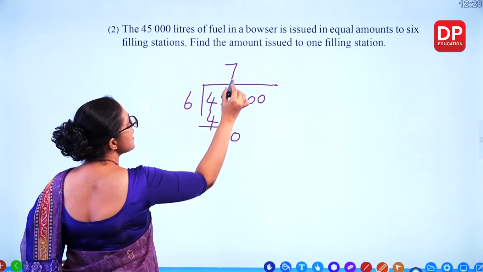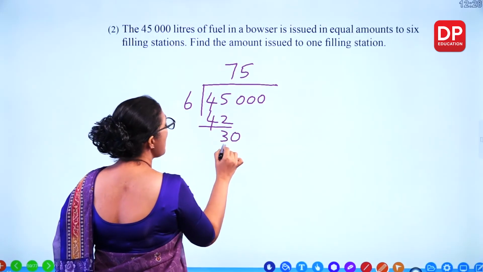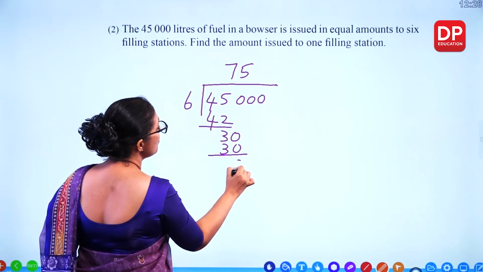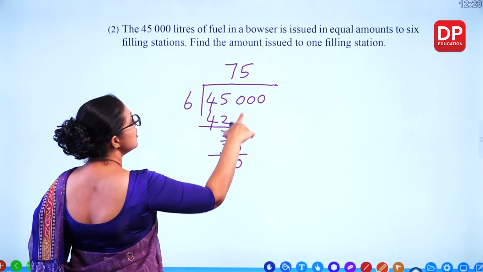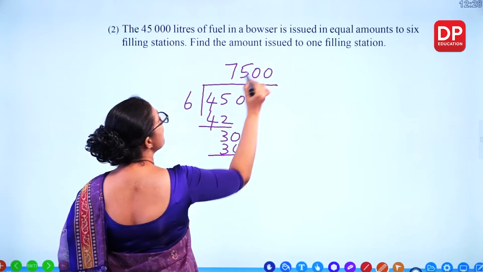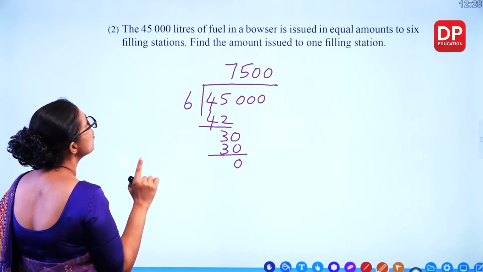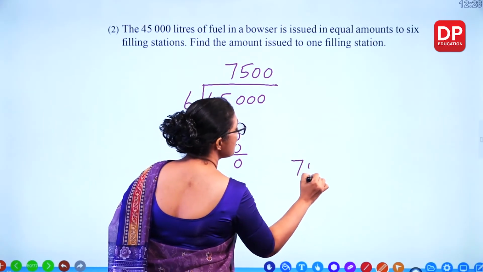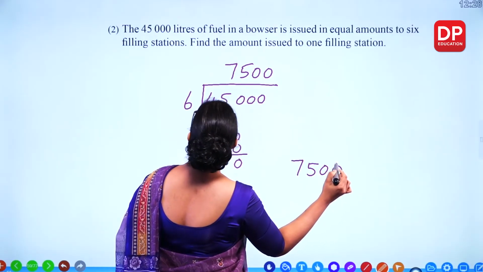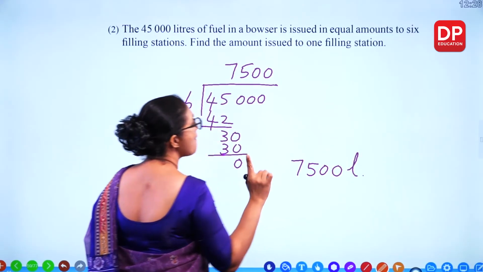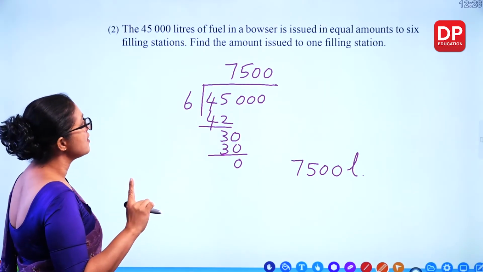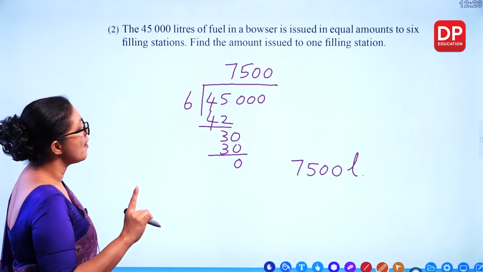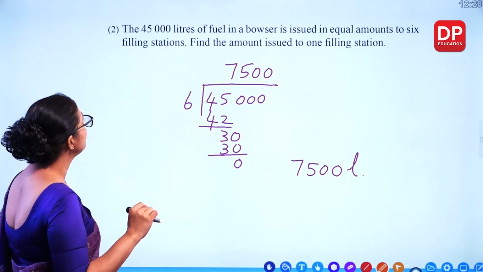For 30, that's 5. 6 times 5, 30. And you get how many zeros? Look carefully here. 2 zeros are there. So what's the amount? 7,500 liters per station. So there are 6 stations, and you can distribute 7,500 liters per station.